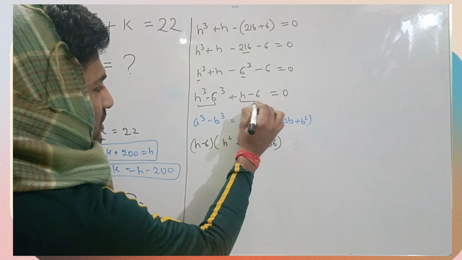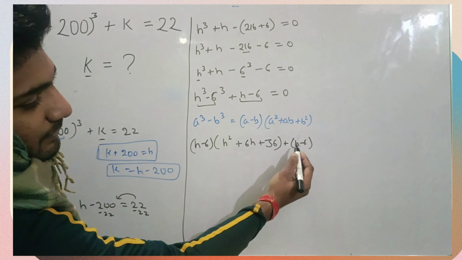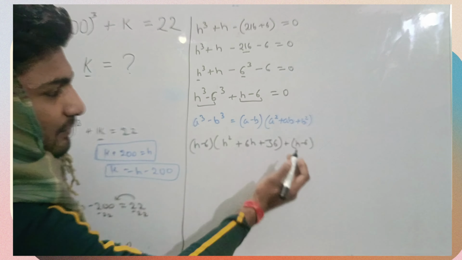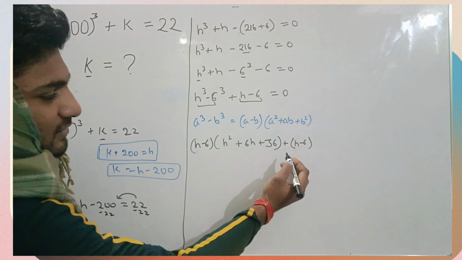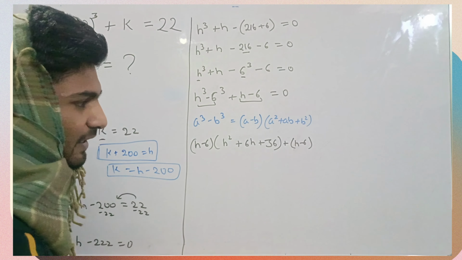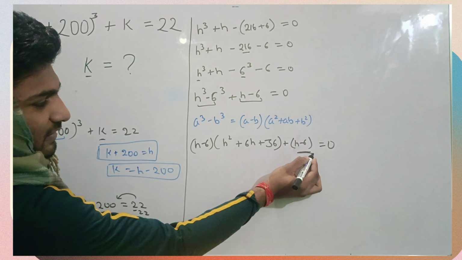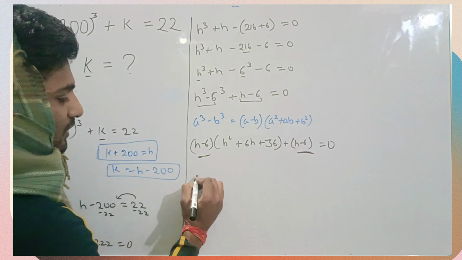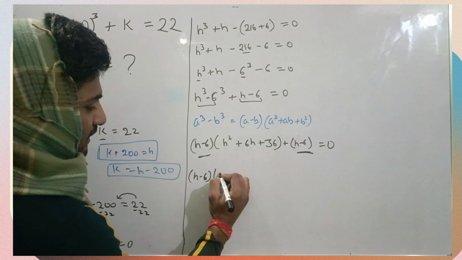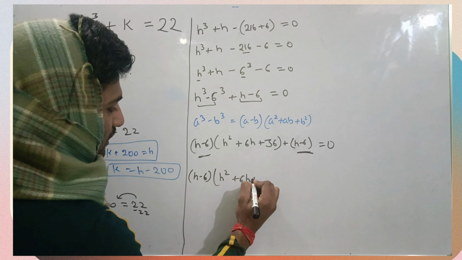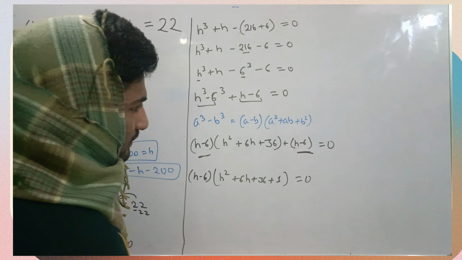And here our next term, plus h minus 6, is the same as h minus 6, because when we multiply plus with h it again gives plus h, and plus times minus 6 is minus 6. So plus h minus 6 in brackets is equal to 0. Now we will take this h minus 6 as the common term. So we get h minus 6 times h squared plus 6h plus 36 plus 1 is equal to 0.